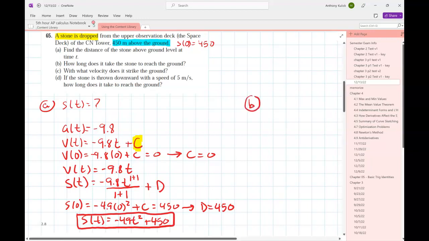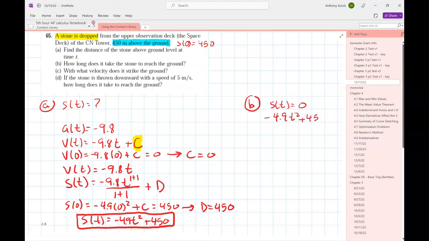Now part B asks, how long does it take for the stone to reach the ground? So we want to find s of t equal to 0. So this is just like an Algebra 2 problem. To solve this quadratic, set it equal to 0. Since there's no linear term, I can just solve this directly by subtracting 450 from both sides, dividing by the negative 4.9, and then square rooting both sides.